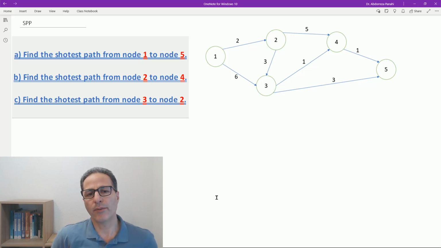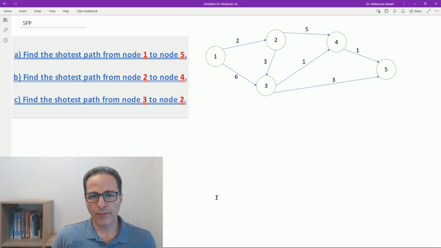It means that if I want to find the shortest path from 1 to 2, I cannot say I don't need to check 4 or 5, because there might be a path coming from 4 or 5 to 2, and that may have the lowest cost in comparison to the others.